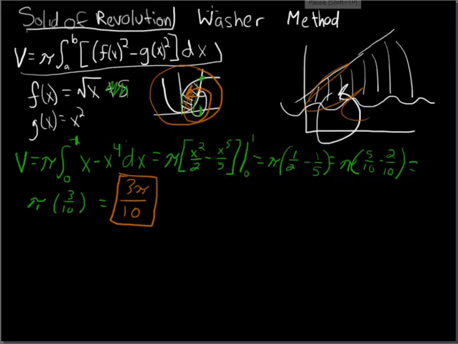But also, which I'm not going to do an example for, with the washer method you can switch it around and rotate about the y-axis with functions of y and have limits on these integrals in y and dy.